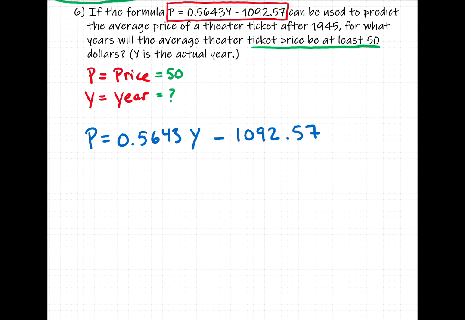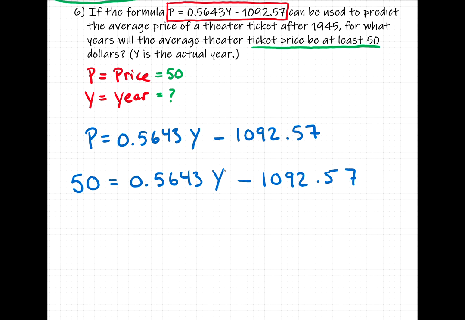Okay, so we're given that P is equal to 50. So let's replace the P in this equation by 50. So 50 equals 0.5643 times Y minus 1092.57. Okay, and again, the question is for what year, so Y is unknown.